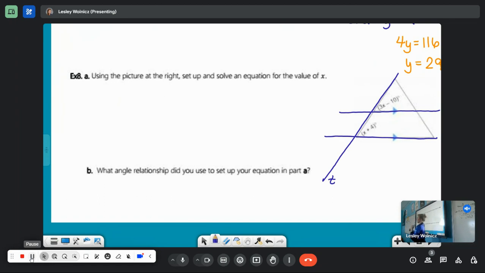Okay, go back and look at the list. I'll wait. Yep. They're corresponding. So they are congruent. So we just set them equal to each other. Do I need to do that with you guys, or we get it?